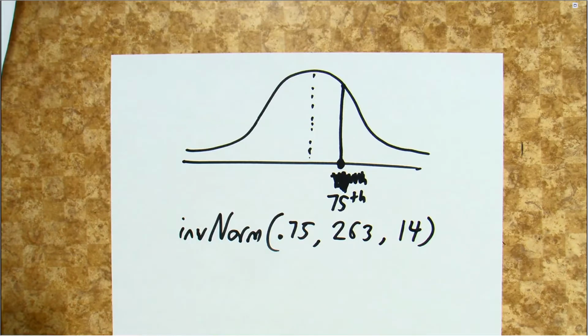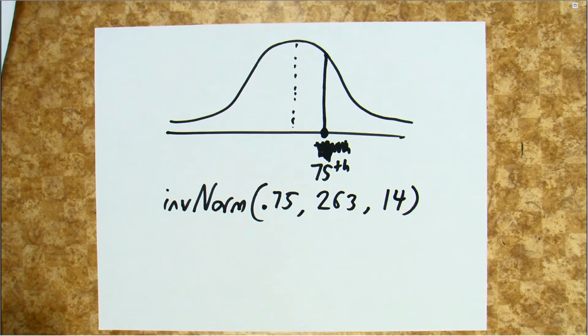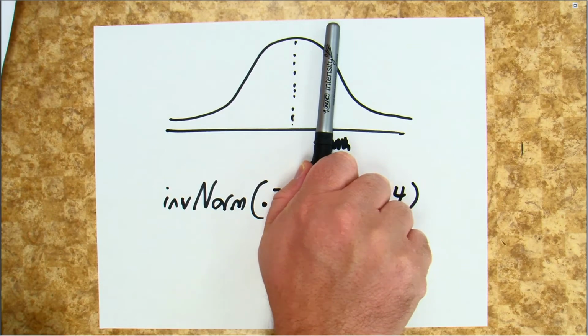One way of dealing with the problem is this. Inverse norm 0.75 with the average and standard deviation typed in. Now, on your calculator interface, you would have an option for left, center, or right. You would keep it on left, because if you did left, it would mean that 75% of the data lies to the left of you.